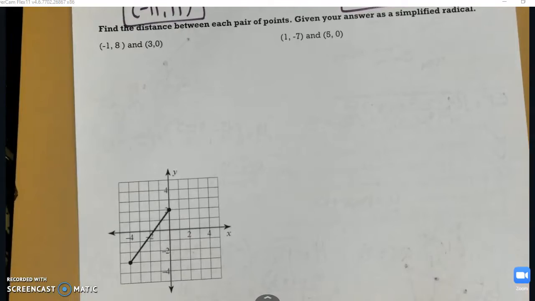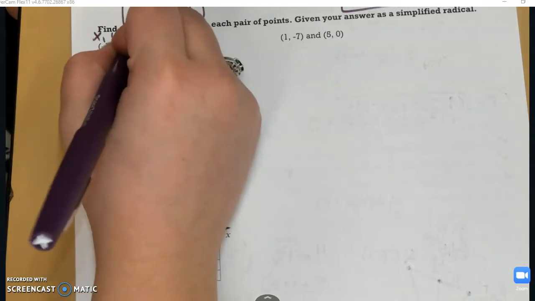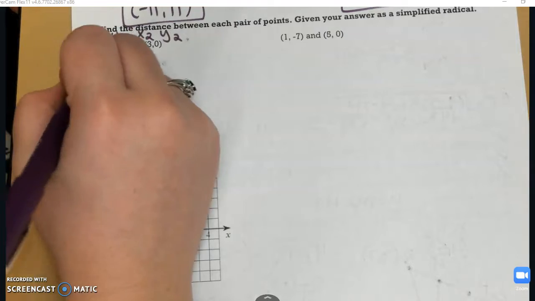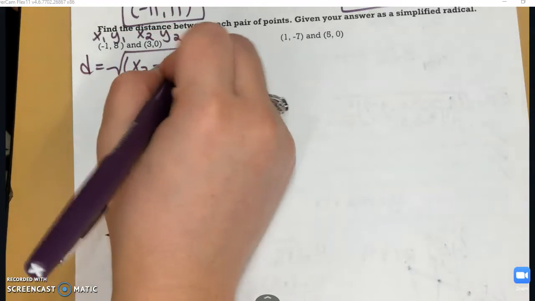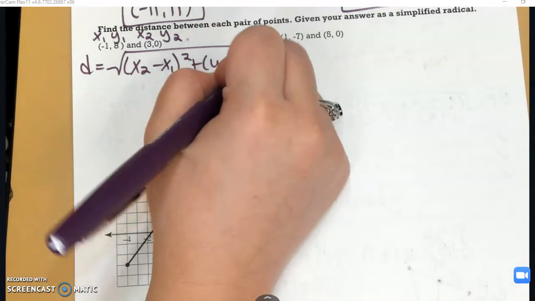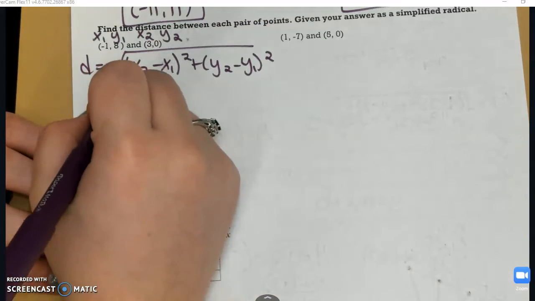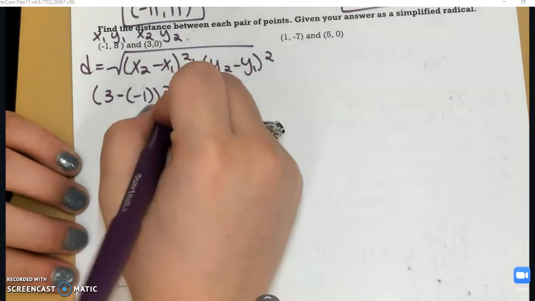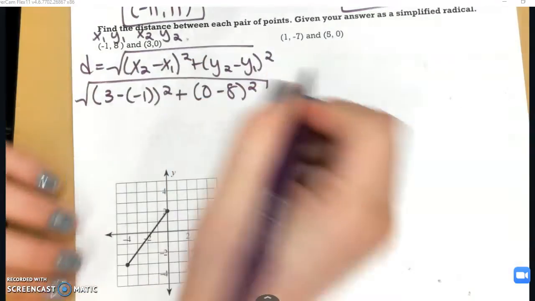Okay, just a little more distance formula practice for you. If this is x1, y1, and this is x2, y2, remember distance formula, x2 minus x1 squared plus y2 minus y1 squared. 3 minus negative 1 squared plus 0 minus 8 squared is what's inside my radical.